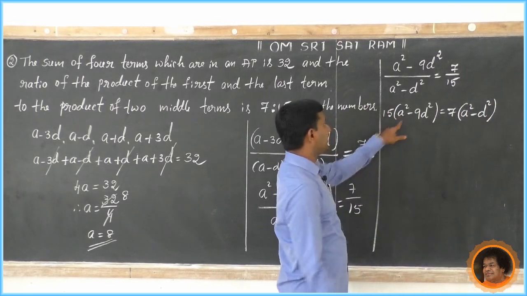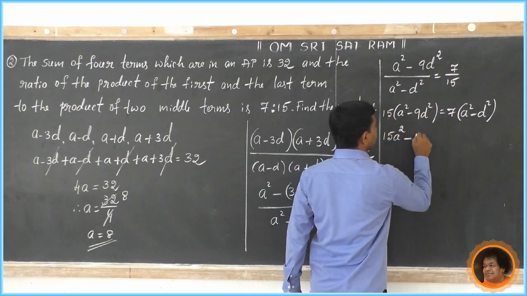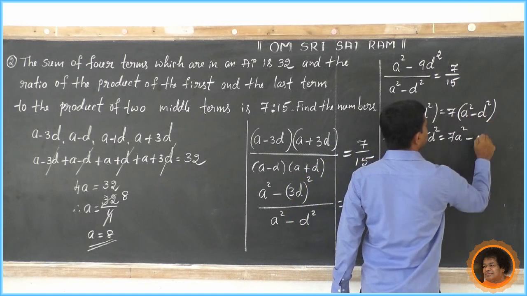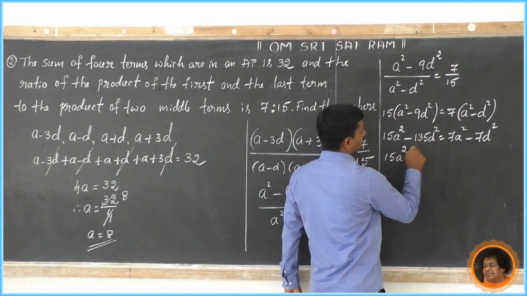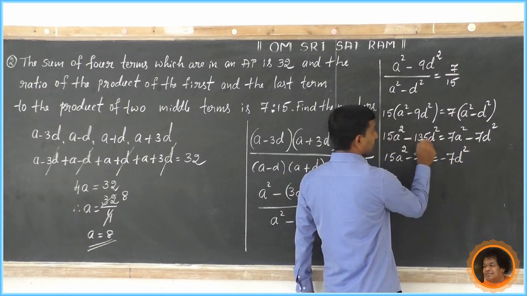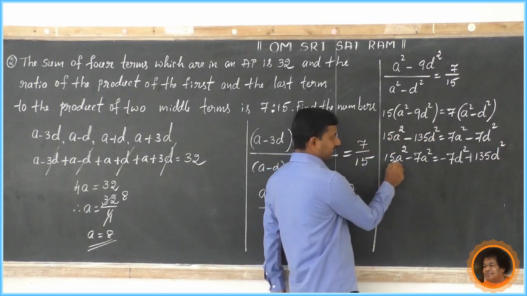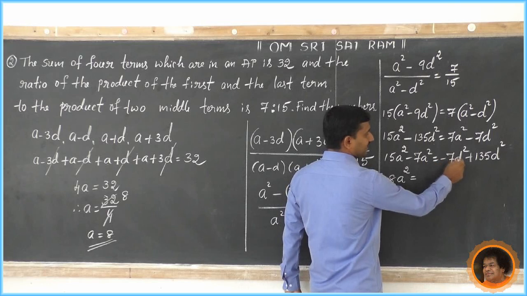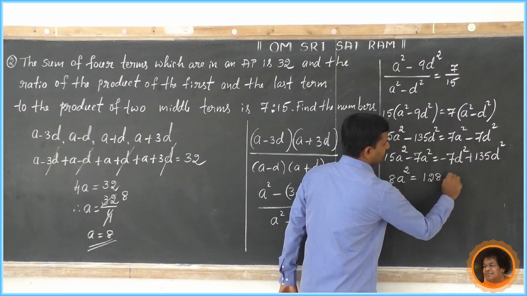Multiply: 15a square minus 135d square equals 7a square minus 7d square. Taking like terms together: 15a square minus 7a square, 8a square, equals minus 7d square plus 135d square, which is equal to 128d square.